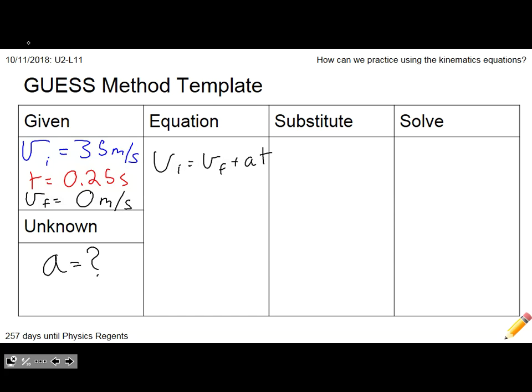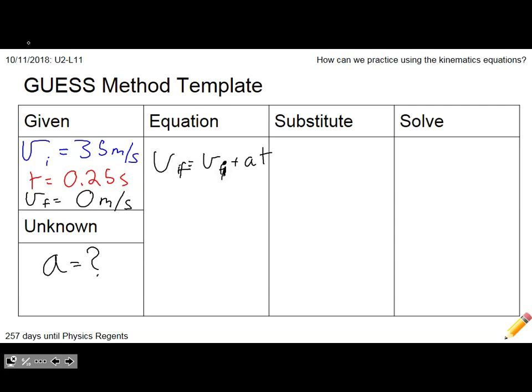We looked at our givens and our unknown, and we're trying to find the equation that has those 4 things in it. We caught it because when we catch the ball it's not moving anymore. So you have V in, I switched it, you're right. It's V final equals V initial plus AT. Thank you.